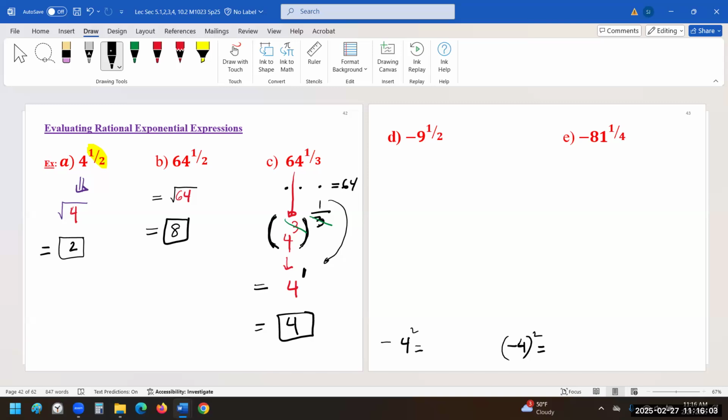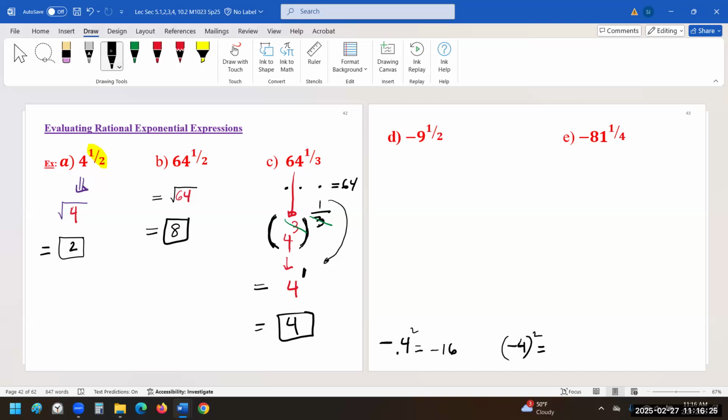What is negative 4, negative and then 4 square? Positive or negative? Why negative? Good. This negative is same as negative times the 4 square. So it's negative times 16, which is negative 16.